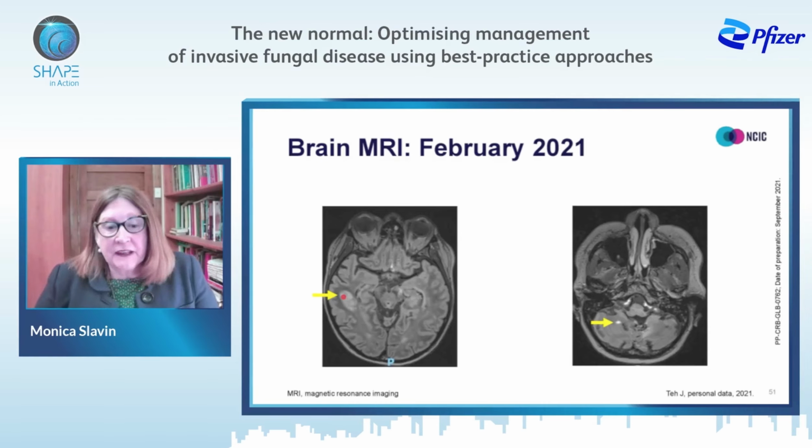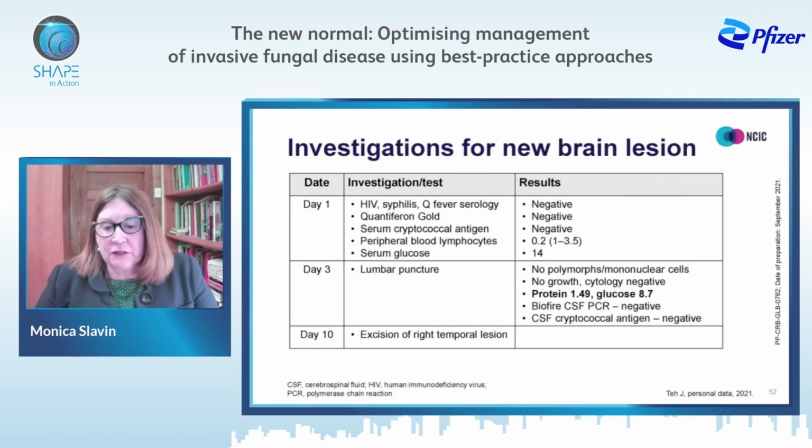As you can see here, these are the new lesions. There was this new lesion here and also a cerebellar lesion that was detected whilst the patient was being treated for the glioblastoma. So this resulted in a series of investigations, including serologies and a lumbar puncture.